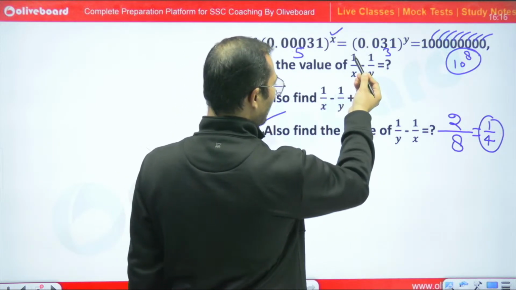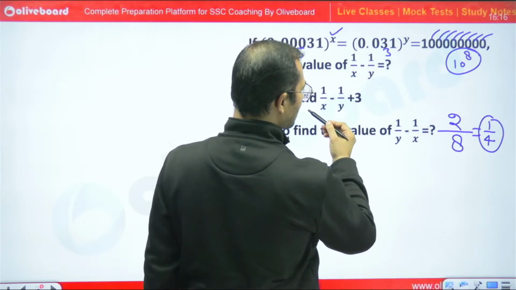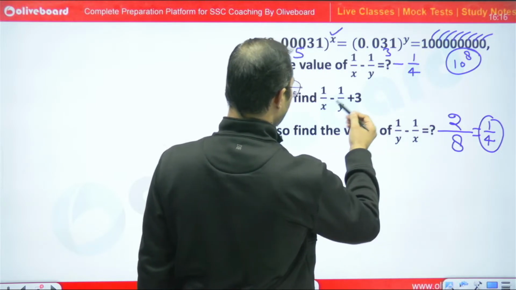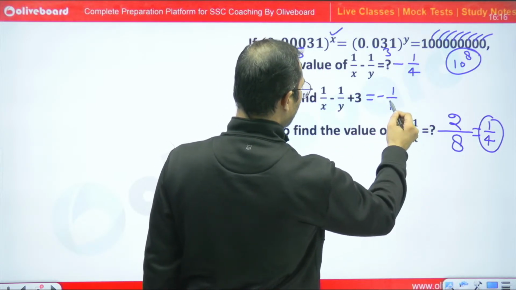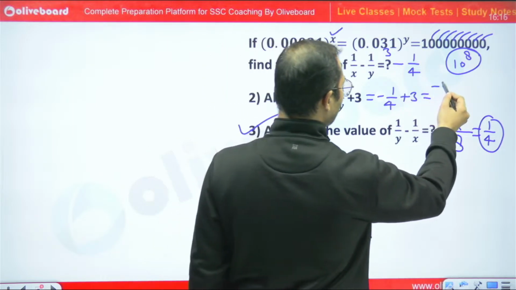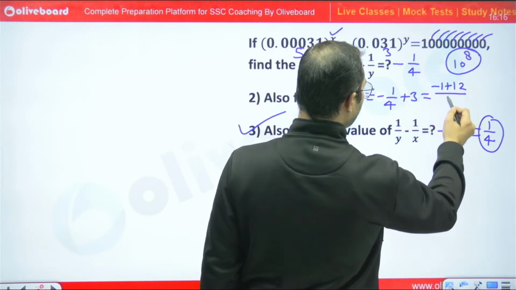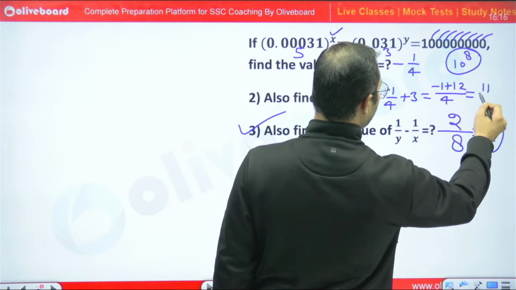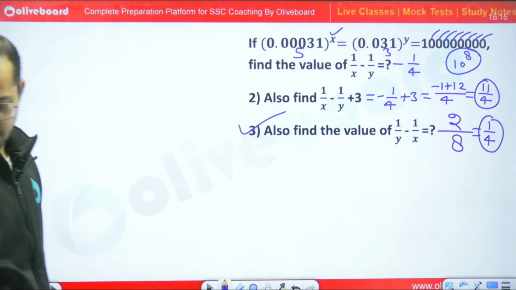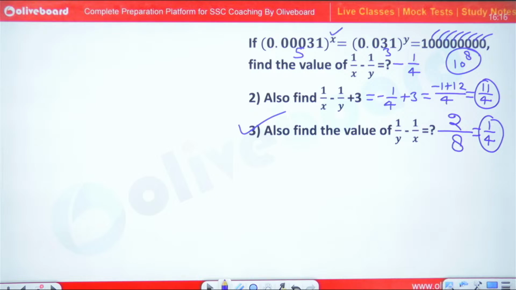For 1 upon x minus 1 upon y, the answer would be minus 1 upon 4. Here, minus 1 upon 4 plus 3 is equal to minus 1 plus 12 divided by 4, so 11 by 4 is the right answer. I hope this is very much clear.